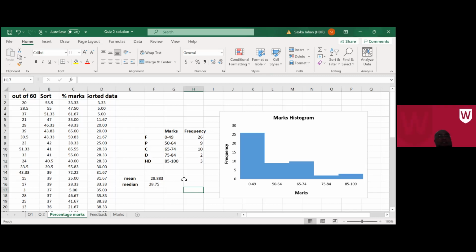Then 3 students got high distinction. Who are these students? Mac, Alistair, Aaron, and he got the highest, 55.5. And then Tanjim, he got 55. And then Brooke Alex, she got 51.5, I think. So congratulations to these students who got high distinction.